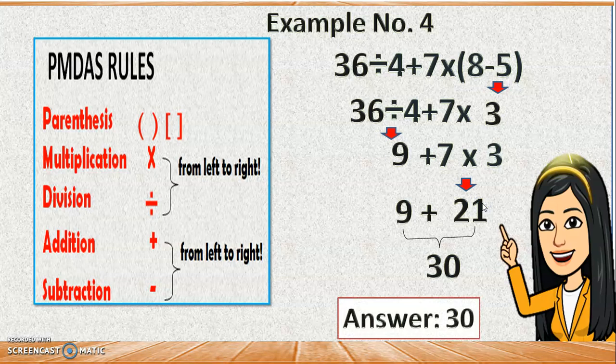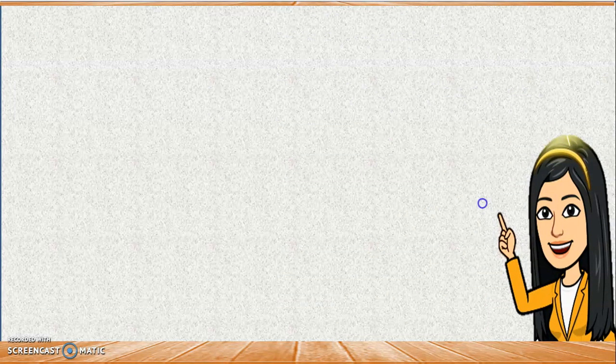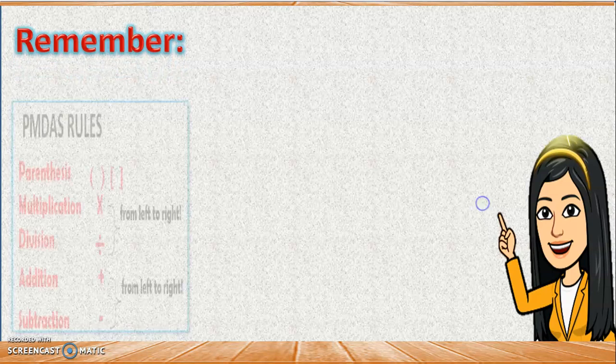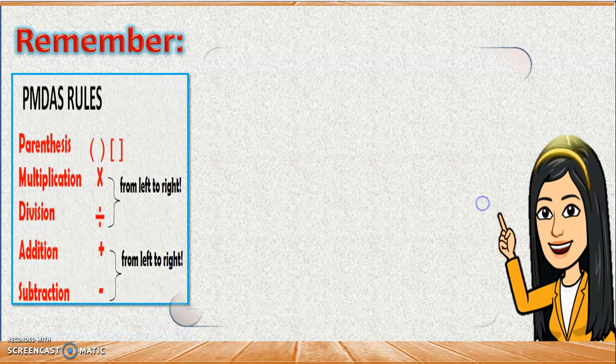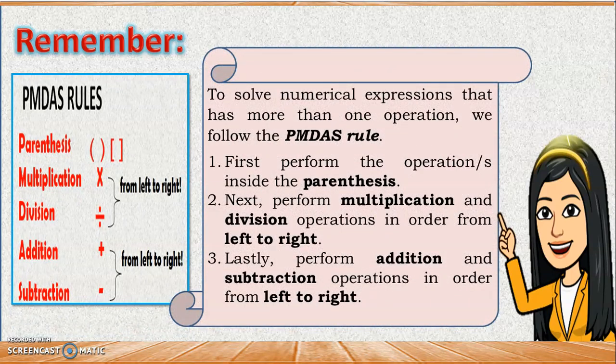Andali, di ba? So, napakadali lang i-solve if you're going to remember the PMDAS rule. Don't forget our PMDAS rules. To solve numerical expressions that have more than one operation, we follow the PMDAS rule. We're going to perform first the operations inside the parentheses.